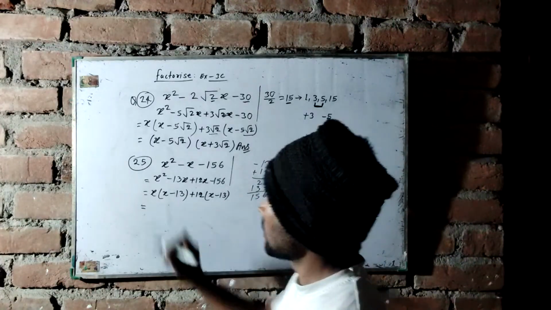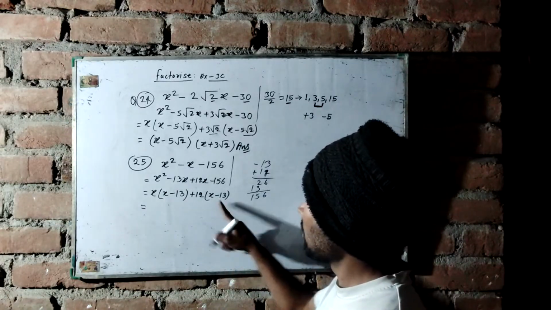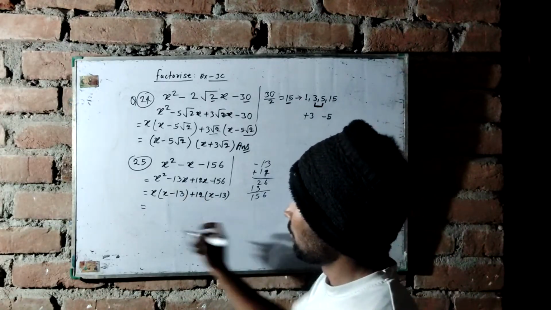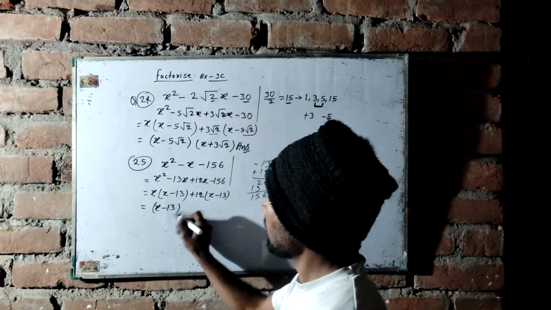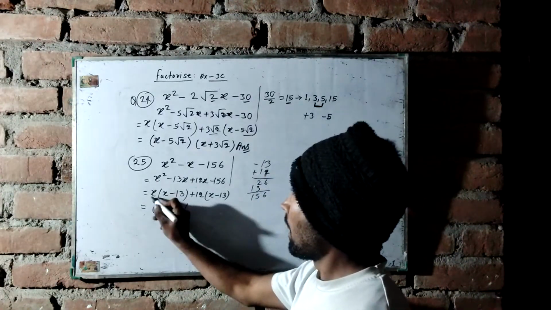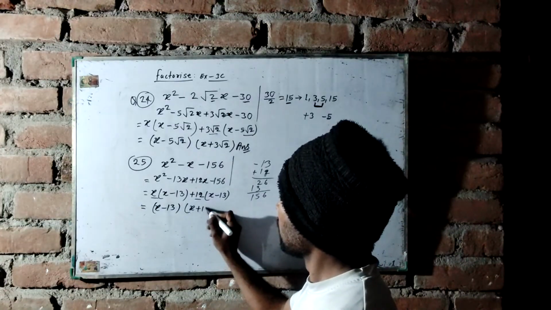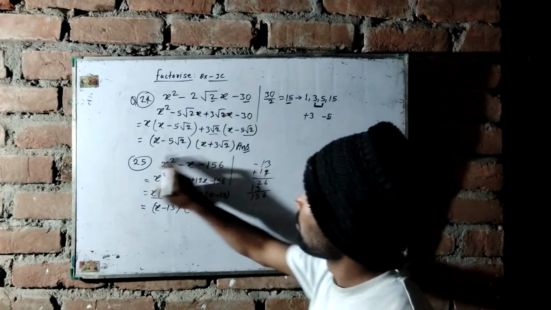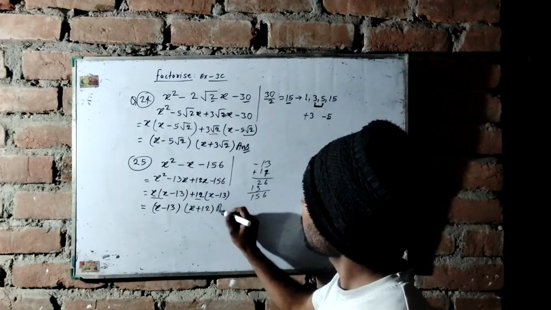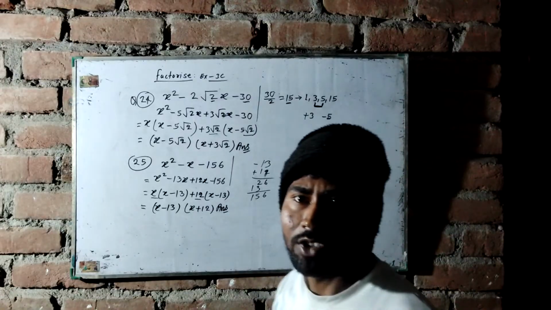Now we can see x minus 13 is present in both terms, so we can take x minus 13 as a common and x plus 12 as a multiple. These are two required factors of this polynomial. Now let's go ahead to the next questions.